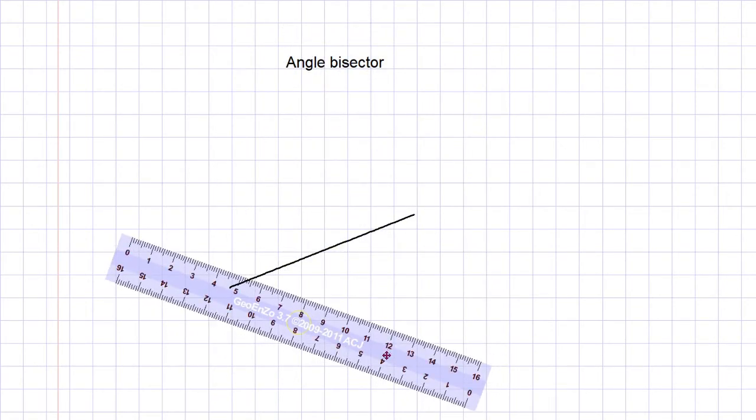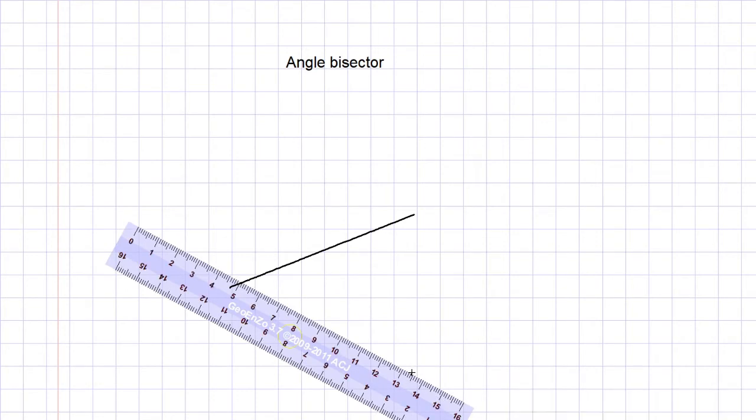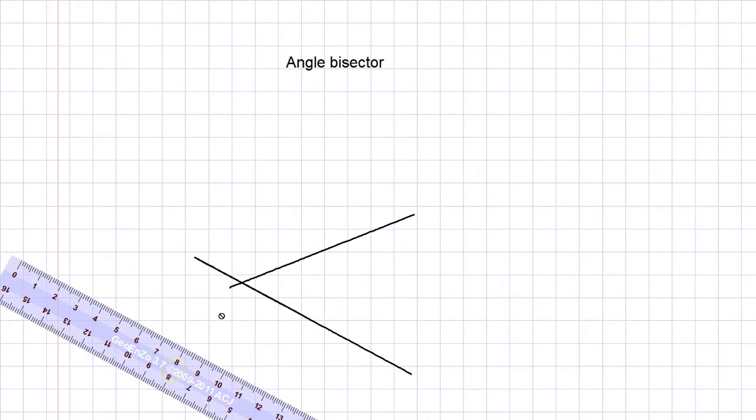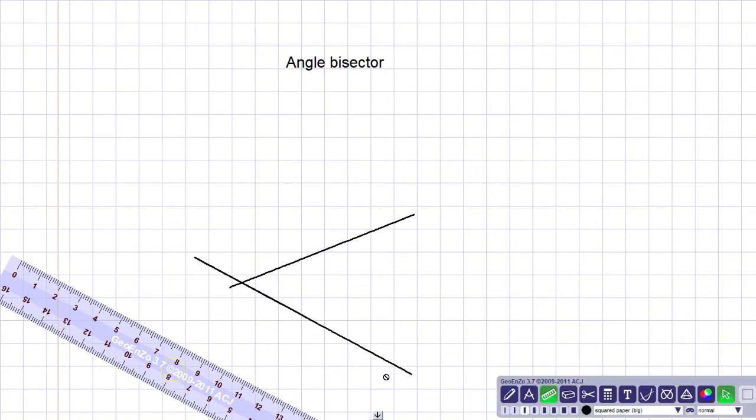Now there are two fixed straight lines. What are the two fixed straight lines? This straight line and this straight line. The two fixed straight lines intersect at a certain point. This is the crossing point of the two fixed straight lines. We formed an angle. So, a point moving at a constant distance from these two straight lines is called the angle bisector.